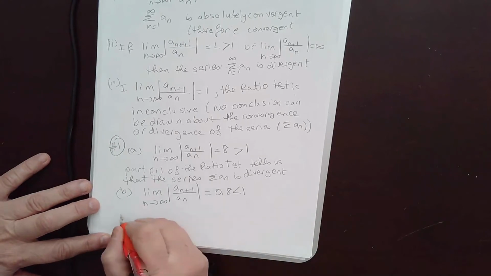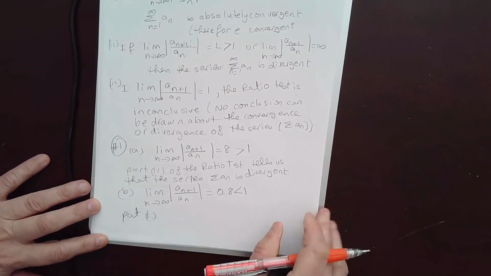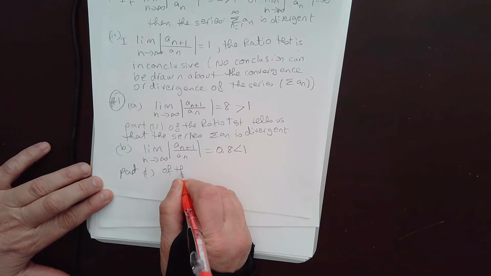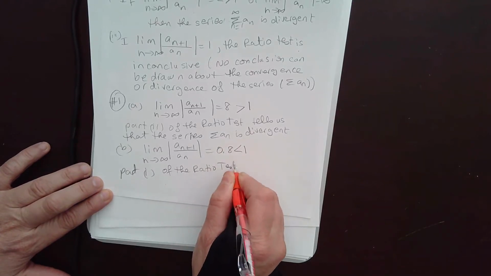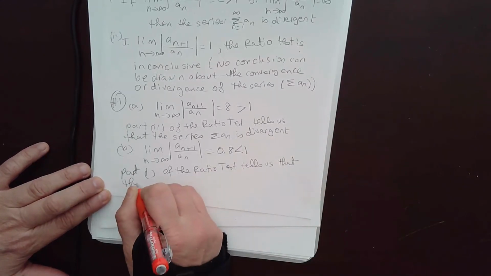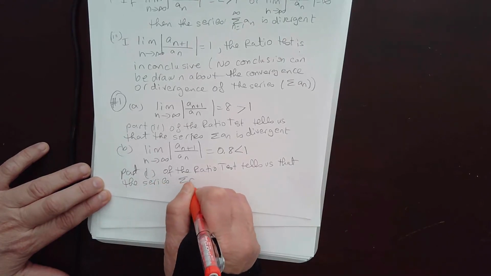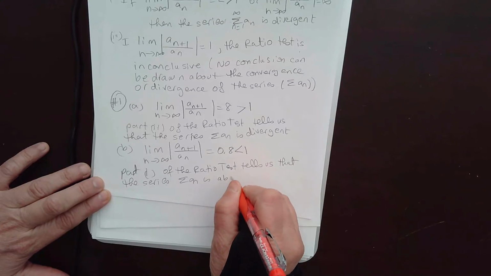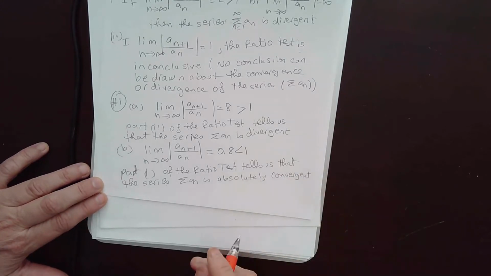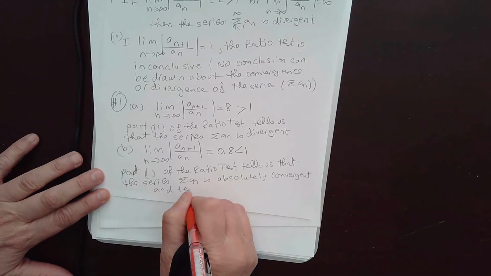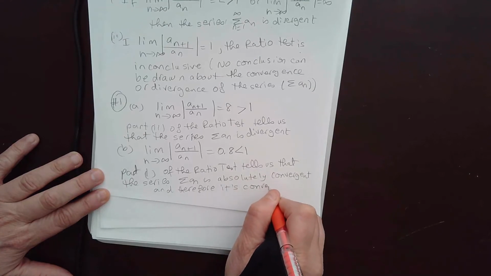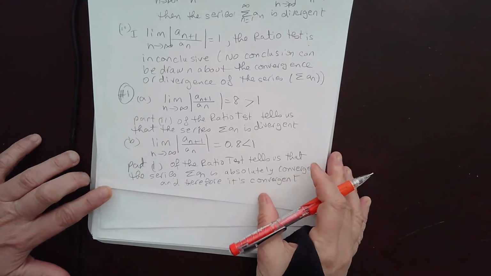So this is part I of the ratio test tells us that the series is absolutely convergent, and therefore it's convergent. Okay, so this is part B.